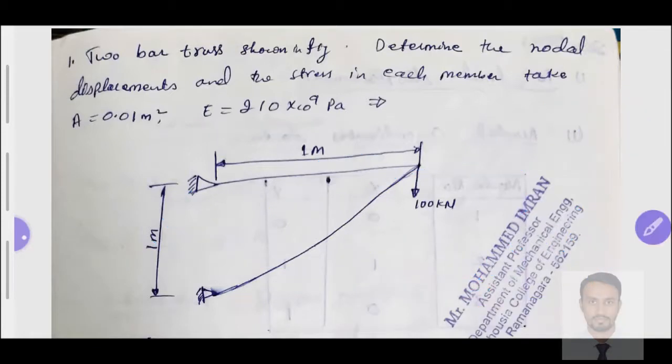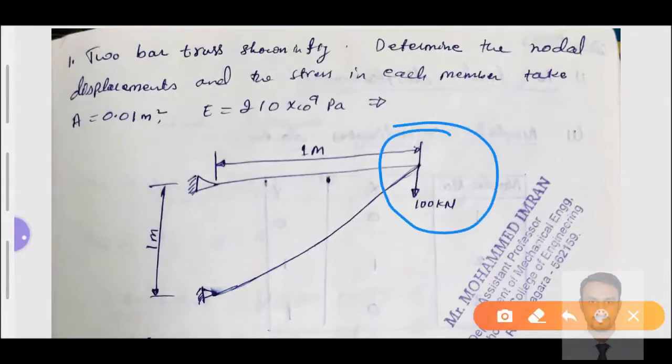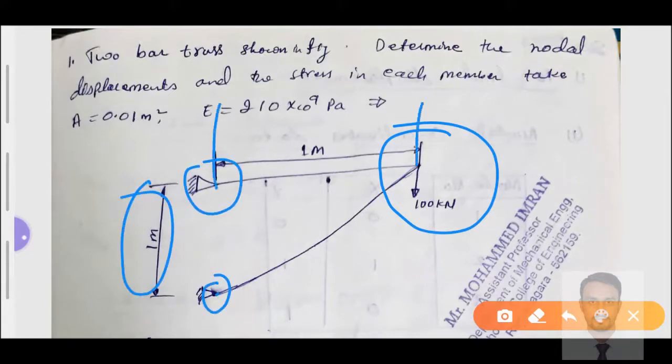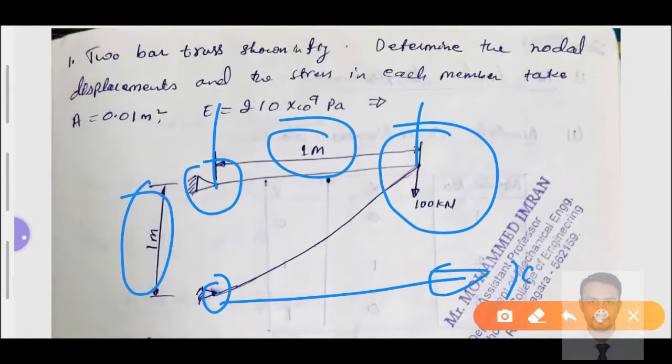It's as it is, just the Pascal unit represented in terms of Newton per meter square. Force has been applied at this node, 100 kilo Newton. The distance between these two nodes is 1 meter, and from this node to this node 1 meter. The horizontal x direction distance is 1 meter, and the y direction distance is 1 meter.